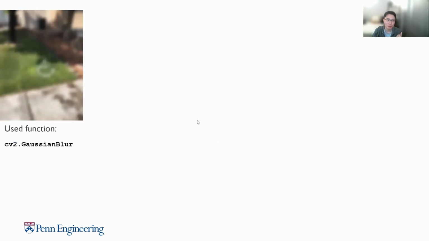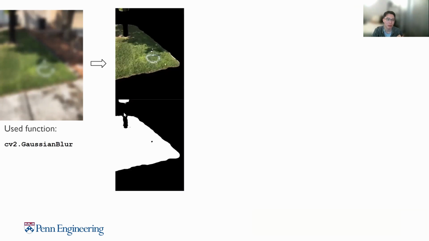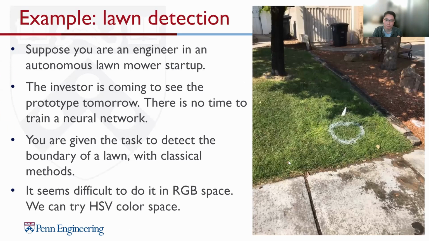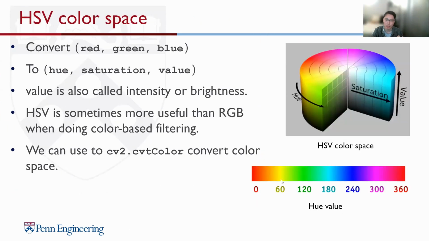I'm just going to show you very quickly how to solve it, and you will see it's very easy. First, we Gaussian blur it. Second, we convert it to HSV and threshold the hue, because green and yellow are very close.